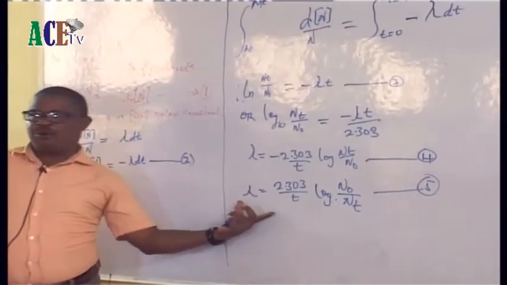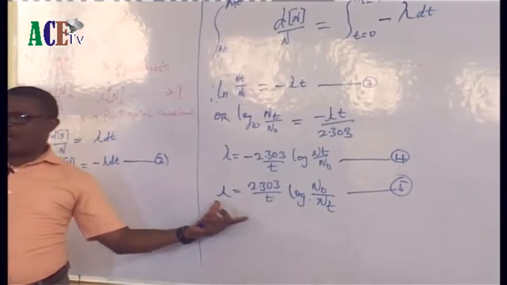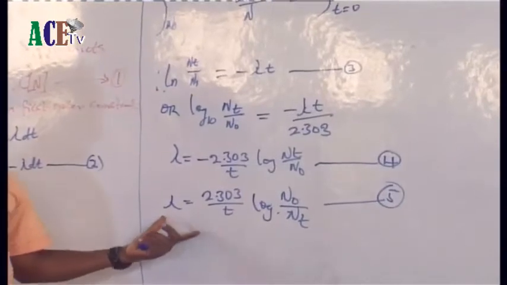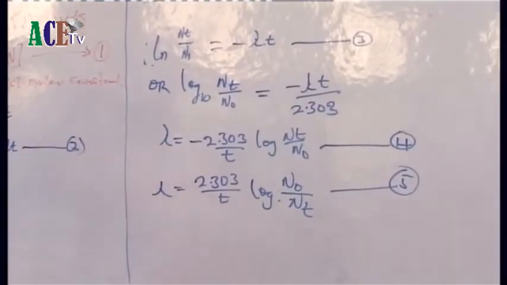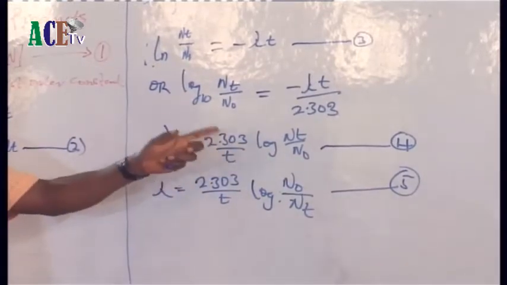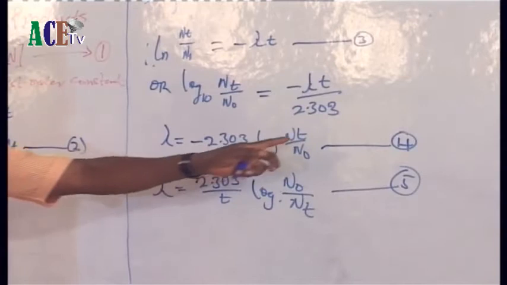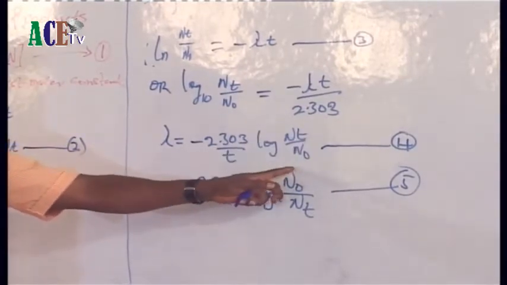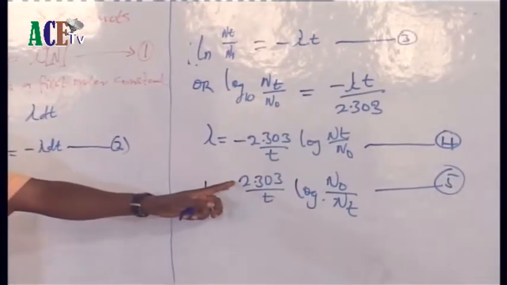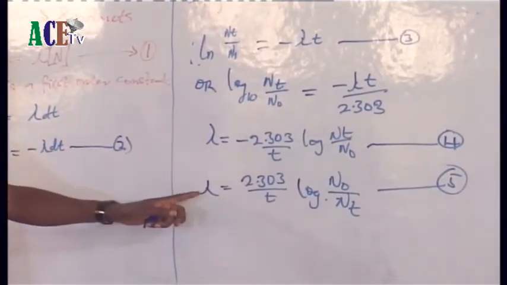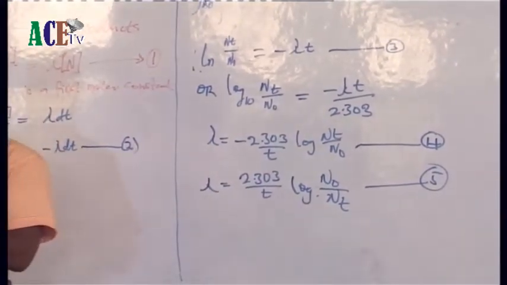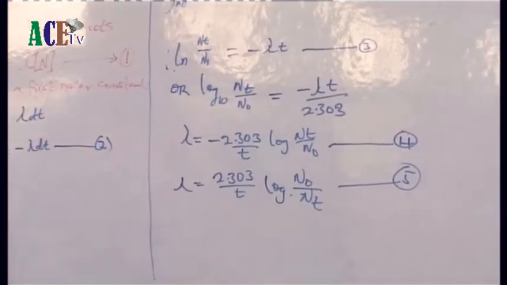So from here, we take this as the formula for calculating the lambda, which we refer to as first order constant. When it was minus 2.303 over t, it was Nt all over N0. But when we change it to N0 over Nt, the minus has disappeared. So we have lambda equals 2.303 all over t log of N0 all over Nt.